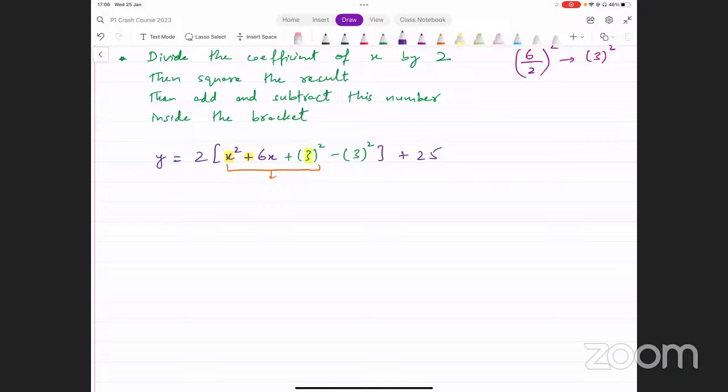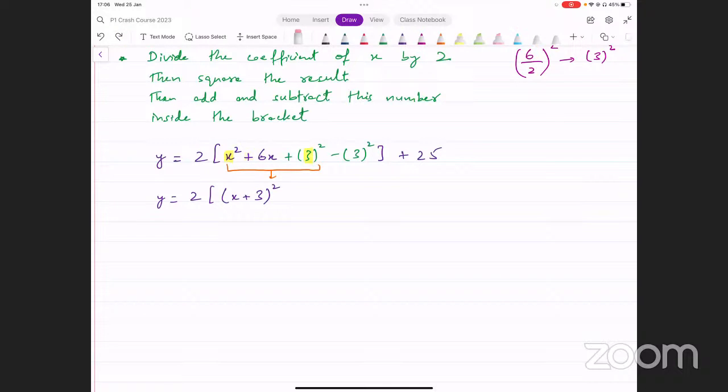And that is going to give you a perfect square, which looks like this: 2 into (x plus 3) whole squared. You take x from the first term, the plus sign from the second term, and 3 from the third term. That is what we are going to do here.